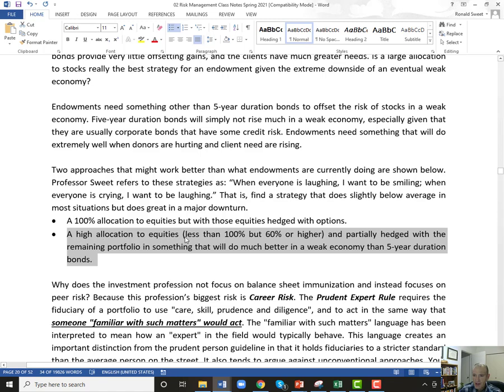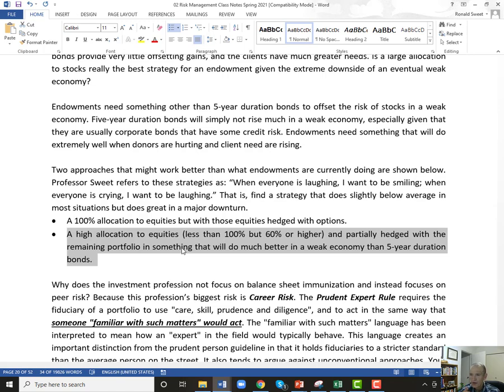Are you going to have a high allocation to stocks, say 60% or higher, partially hedged, but do something radically different in the rest of the portfolio that would do really well when the economy is weak? Don't put it in the 5-year duration bonds. Maybe you have some in gold. Maybe you have some in much longer duration treasuries. So you have something that actually might not do well in a strong economy.